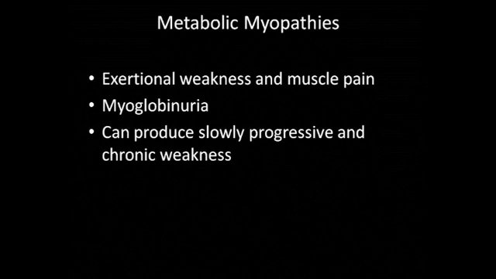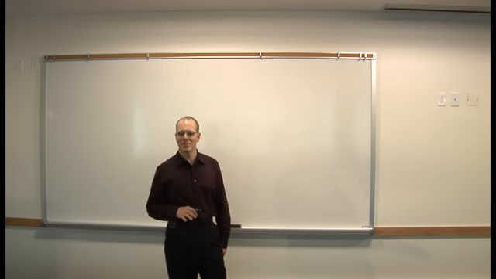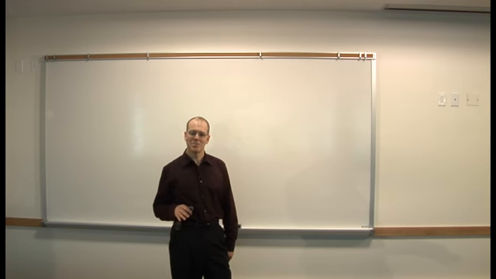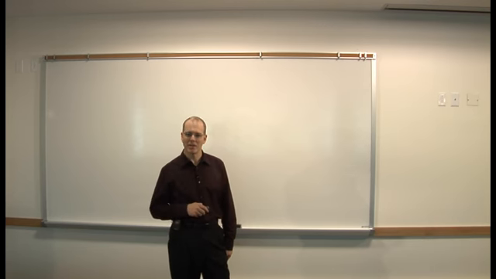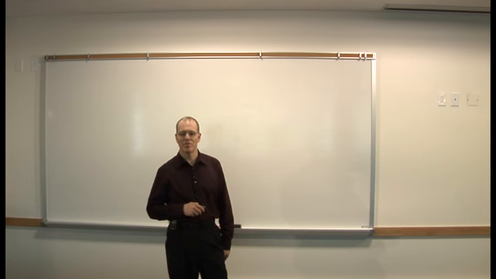There are certain types of metabolic myopathies that can present with a progressive muscle weakness. We won't go into those, but just so that you know, when we talk about something like polymyositis, to be aware that there are some things that can mimic polymyositis, and some of those are metabolic myopathies.